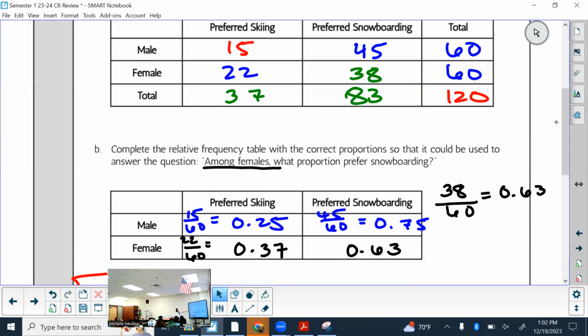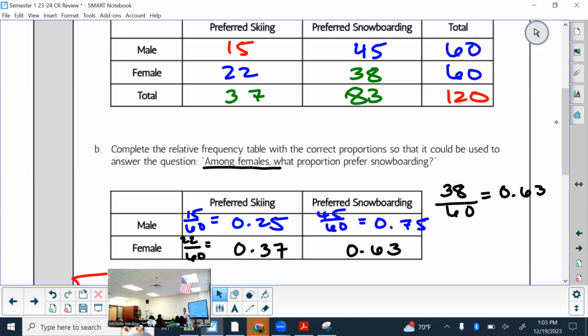This one is kind of like our homework from unit 3, where it wants you to not divide by your grand total. It wants you to specifically look at this question and be able to answer it with your table.